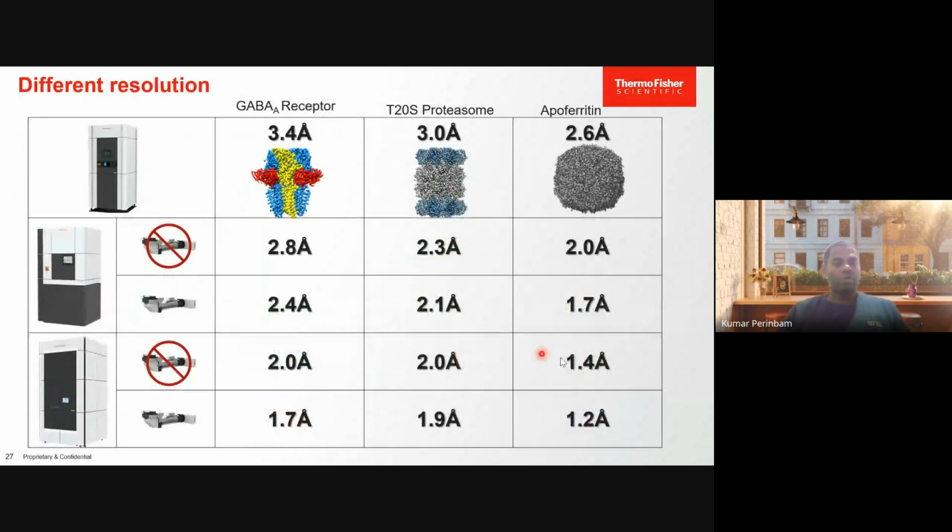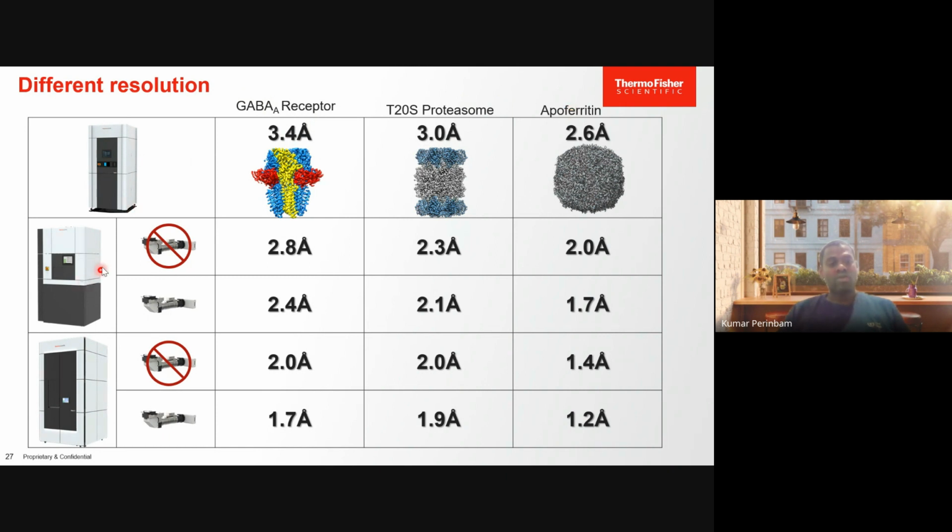This is just a comparison of how 100 kV, 200 kV, and 300 kV tools work. At 100 kV, the best resolution you get is somewhere around 3 angstrom for GABA, proteasome, and apoferritin.